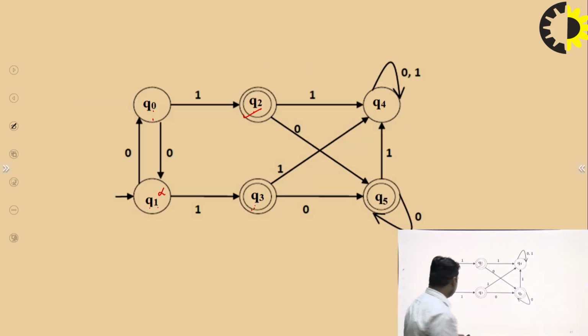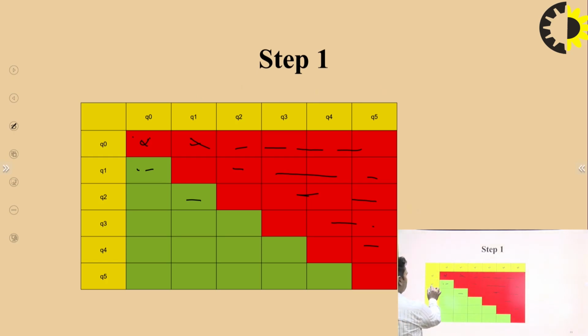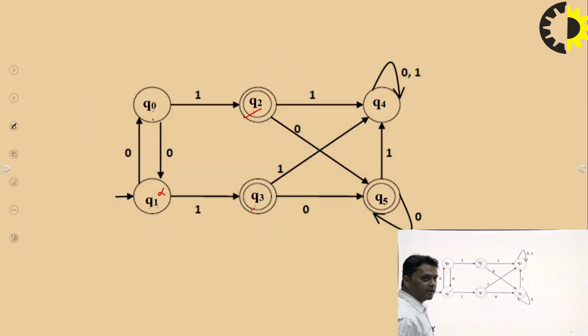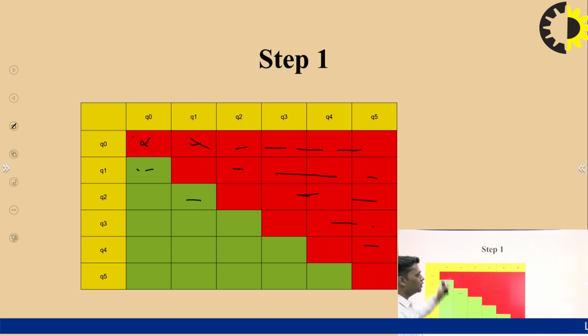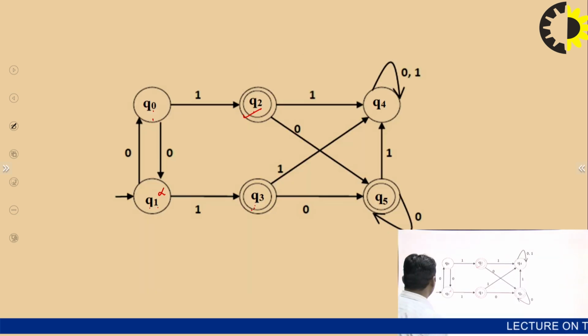Here we see the pair of states Q0 and Q1. Checking in this diagram, both states are non-final states, so we cannot mark it. Then the next pair is Q2, Q0.